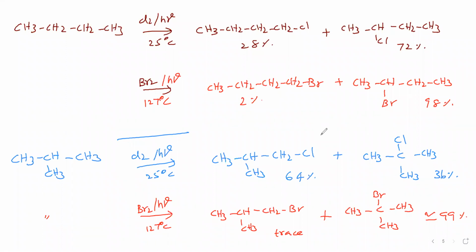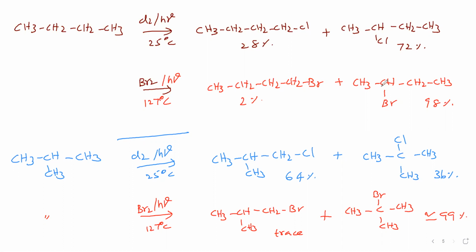Why does bromine behave like this but not chlorine? Actually, chlorine is more reactive than bromine. When chlorine is more reactive than bromine, why is bromination depending only on the rate of bromination but not on the number of hydrogens? What is the reason?